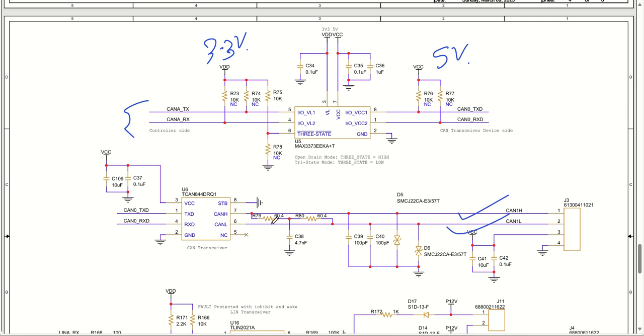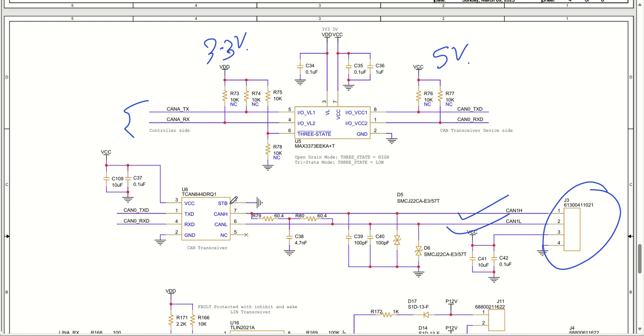This CAN high, CAN low is going to get proper termination of 60.4 ohm with split configuration, split capacitance. Then we have a filter capacitor on each line, and then we have ESD diode protection for each of the CAN high and CAN low signals. Similar to that, this particular connector will give you an interface to the outside world with a proper power supply pin as well as CAN high and CAN low signals, so that you can drive the external board.